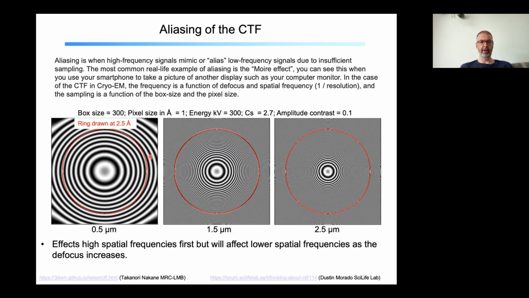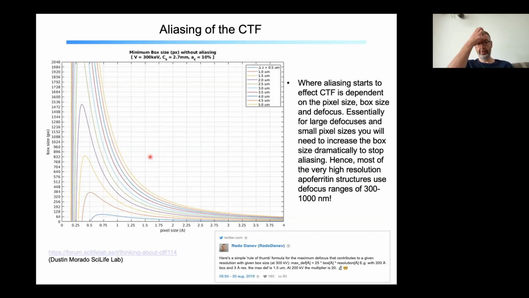So I can highly recommend using that. Also, Dustin has a nice blog on this, where he has essentially calculated the box size or shows this graphically where aliasing will start to have an effect.